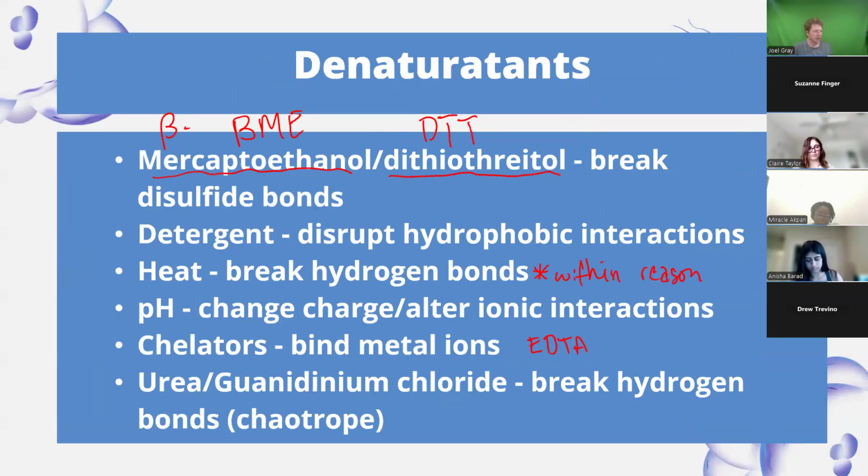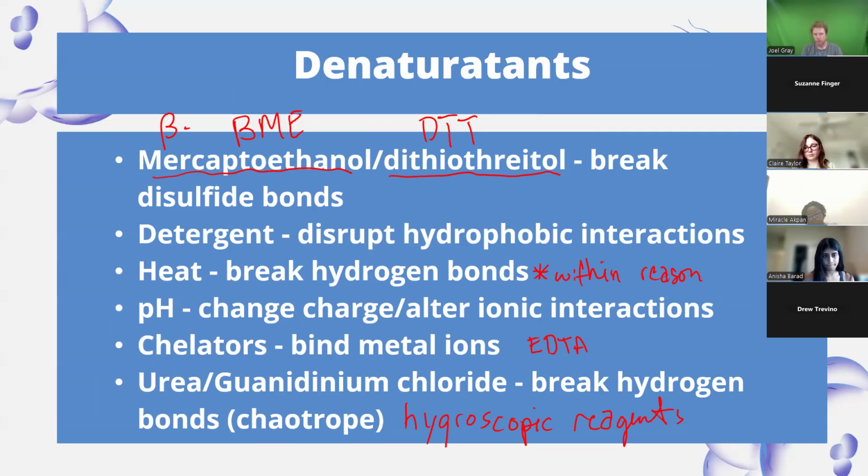Then, last but not least, urea and guanidinium hydrochloride, or guanidinium chloride. These are compounds known as chaotropes or chaotropic agents, chemicals that disrupt hydrogen bonds. Effectively they do the same thing as the heat would do.